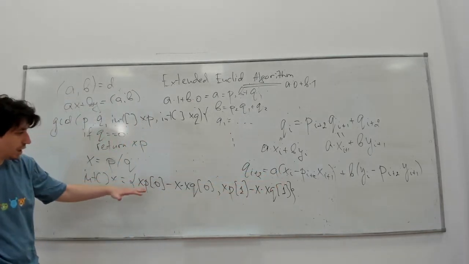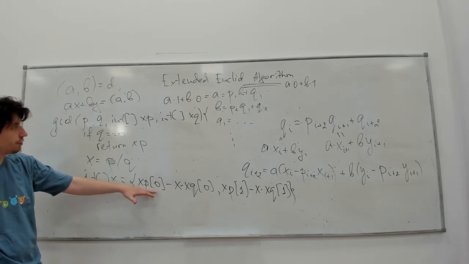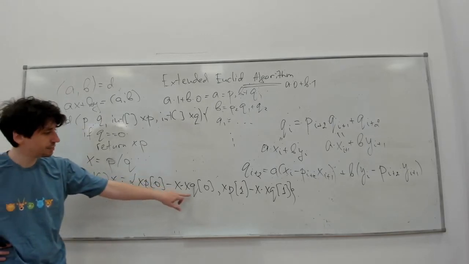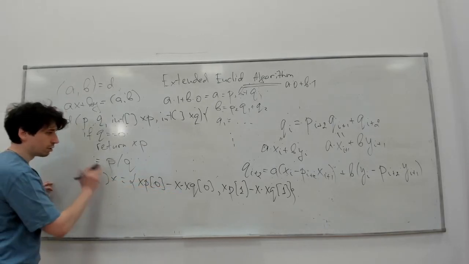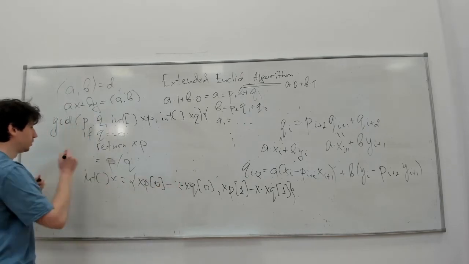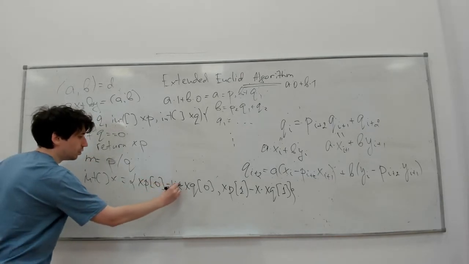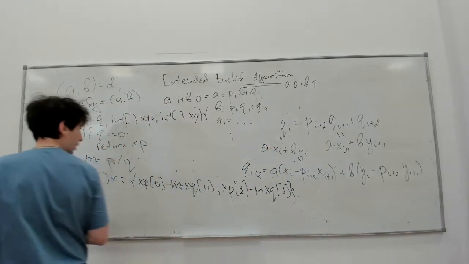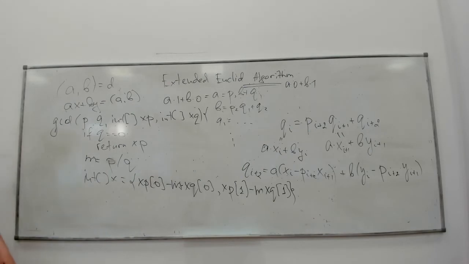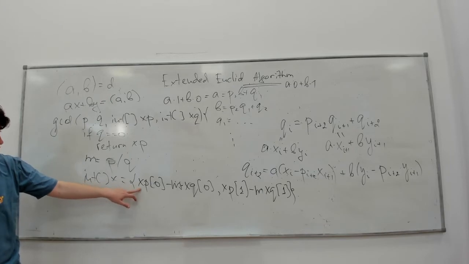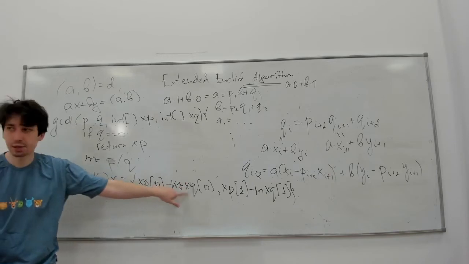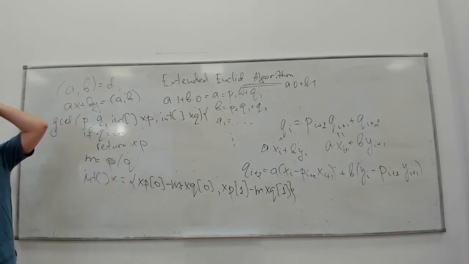So it is just the first parameter of x, which is xp0, minus the divisor times the second one, and so on.